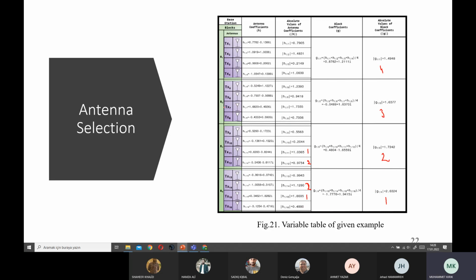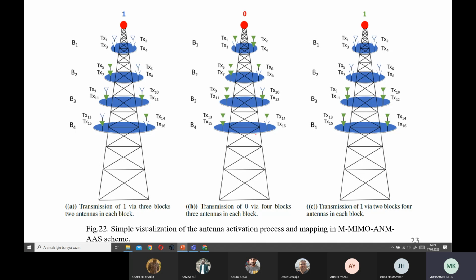And in the second block, we have the T5 and T6. So we are activating 3 blocks, and we are activating 2 antennas in each of these active blocks, and these antennas are stated as you can see in the figure. So if we look at the illustration in the figure 22A, we can see how we are activating the antennas and blocks.